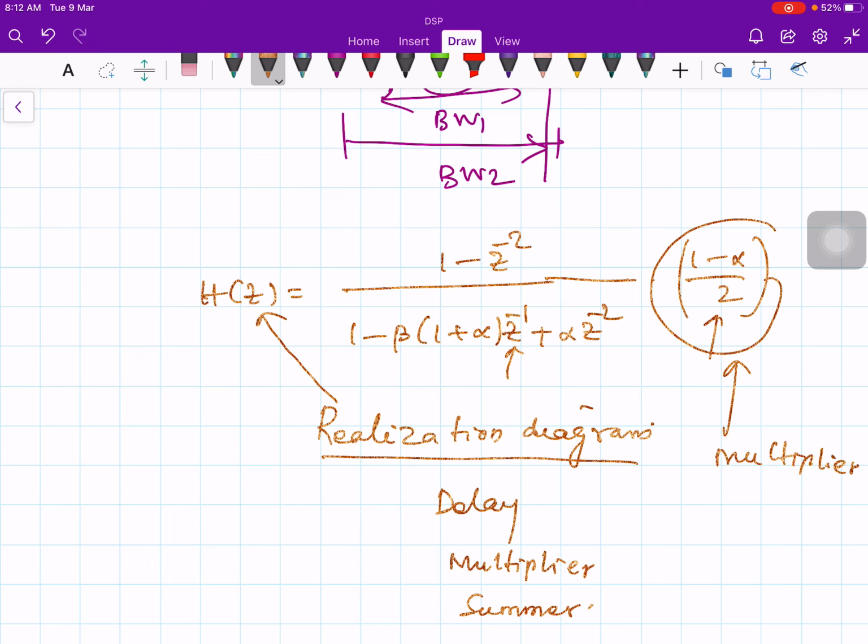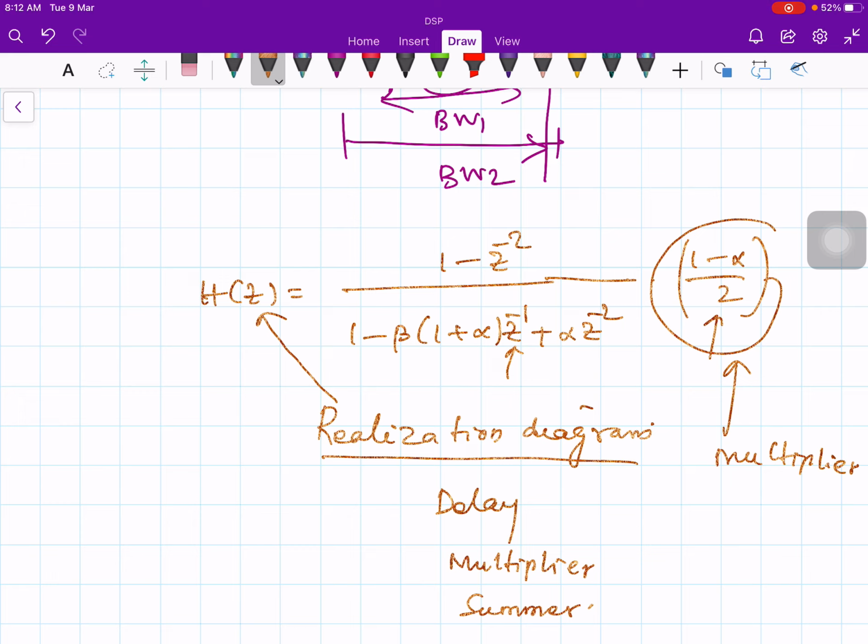So if you change the value of the multiplier, you change the bandwidth and can get the desired bandwidth. You simply change the value of the multiplier in your design, in your program, in your digital signal realization diagram, either in the hardware or in the software.